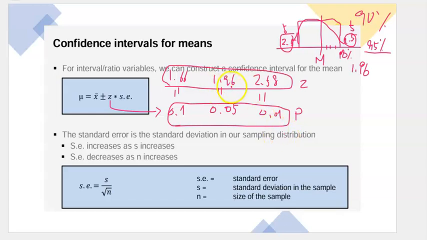Likewise, 1.96 means, as I said already, a range of 95%. 2.5 and 2.5 is 5%, so 0.05. And the next one is extremely close to almost 100%, that is 99%. So this is the relationship between the Z and the p-value.